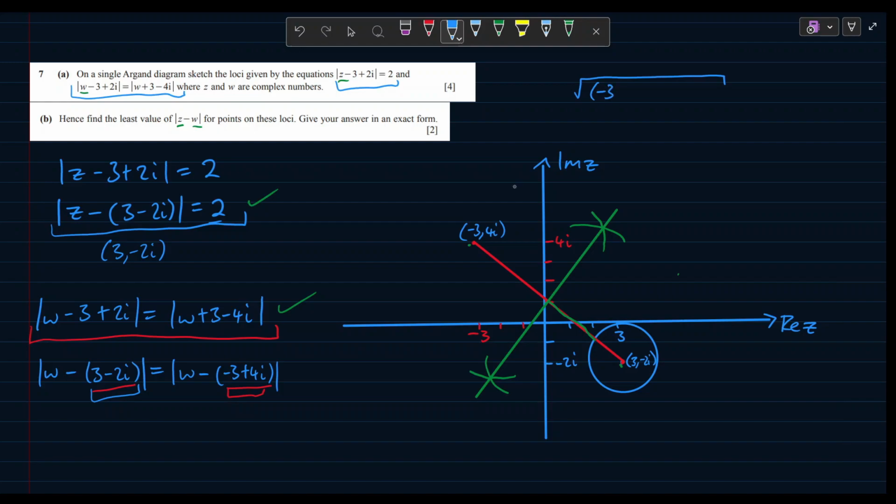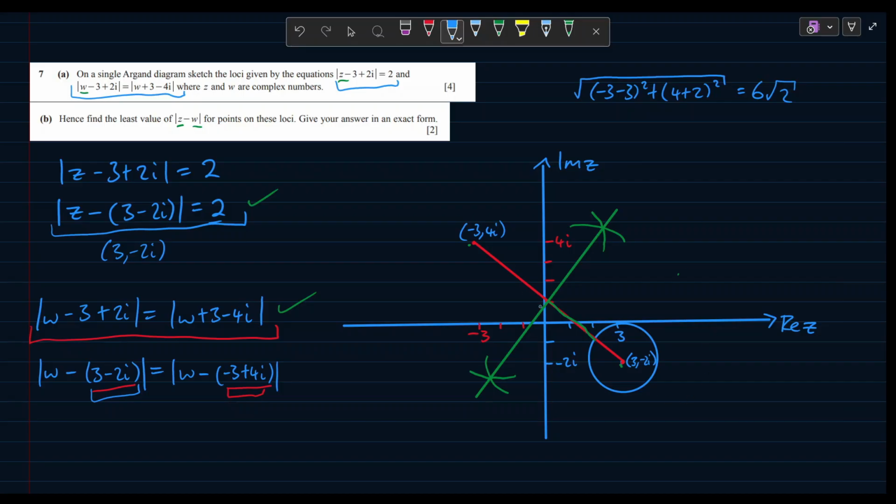So the length of that red line is going to be negative 3 here minus the 3 there squared plus 4 minus minus 2, so 4 plus 2 squared. And let's punch that into the calculator. The square root of negative 3 minus 3 squared plus 4 plus 2 squared, that gives us 6 root 2.